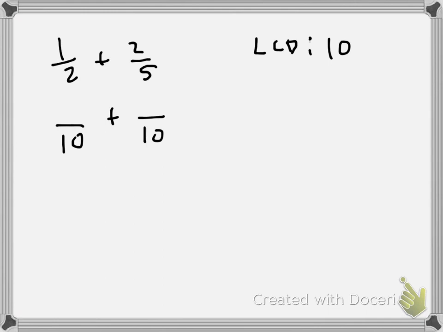That's going to be my next step. If I look at this 2, I want to ask myself 2 times what gets me to this 10 value. So this is going to be a 5 here, and whatever I do on the bottom, I've got to do the same thing to the top. So 1 times 5 is going to be my new numerator, 5, and I've made an equivalent fraction that has that LCD value on the bottom. That's what we're trying to do here.